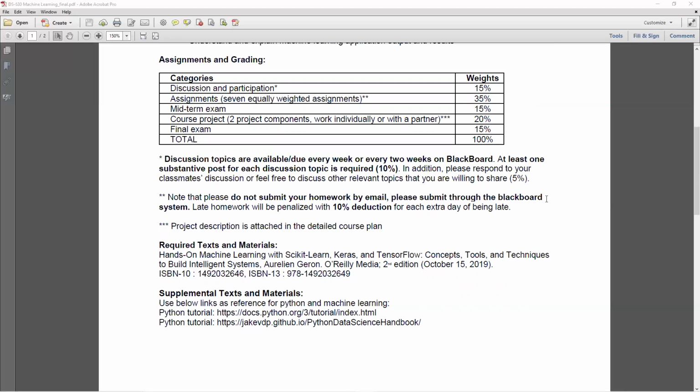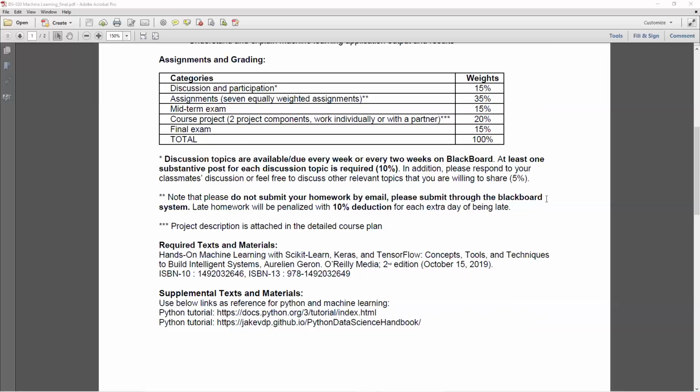And you should be aware that you should finish your primary discussion by the end of Friday, with some sort of substantive post that really discusses the topics that we laid out.